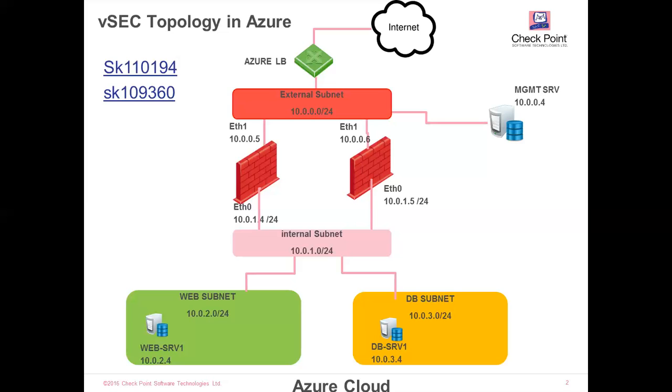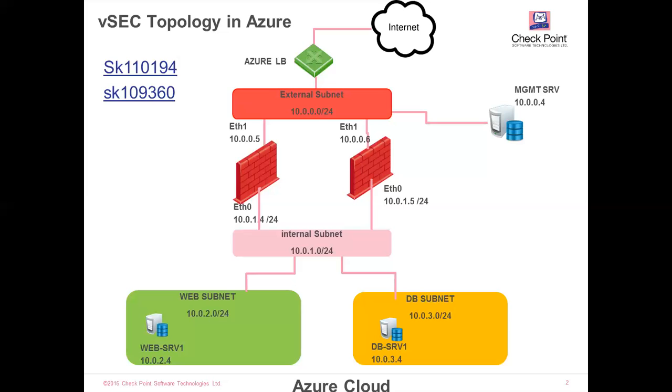In the physical environment, you have the web subnet behind one interface and the database subnet behind another interface. But in Azure this is not required because we get the functionality of the UDR. Using the UDR, we can do the redirection and still do the protection, so you will not need a dedicated interface for each and every subnet.